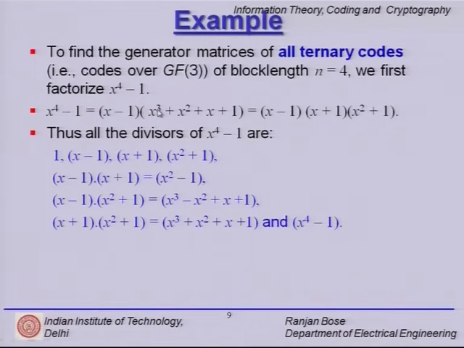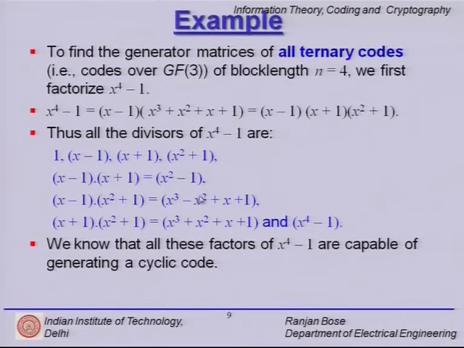Now, we divide this x cubed plus x squared plus x plus 1 by x plus 1, and I can get this factor out. So, we factorize this second term into x plus 1 times x squared plus 1. So, it works out, and you can expand this out to get the second term. So, it is a straightforward factorization of x raised to the 4 minus 1 over GF3.